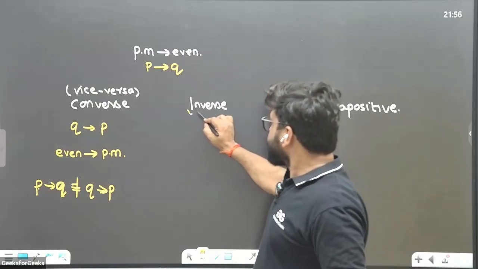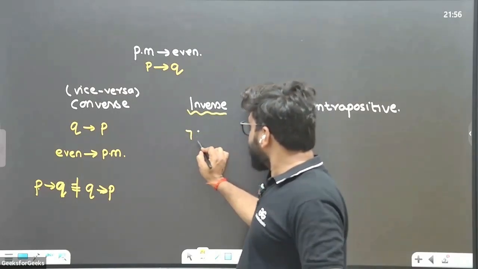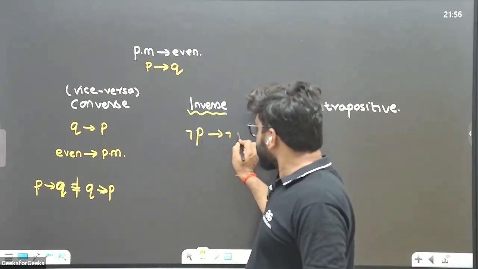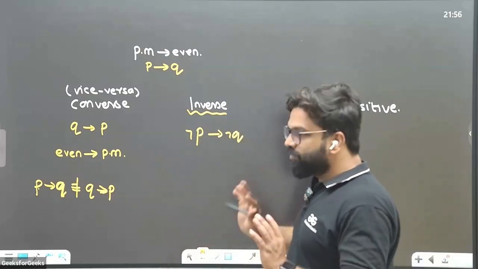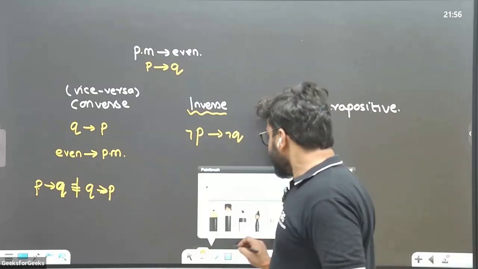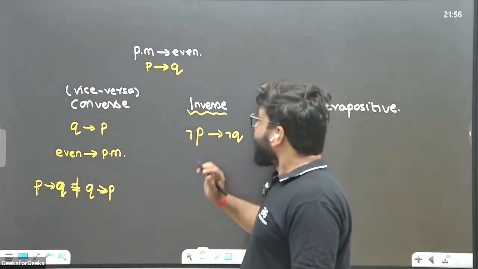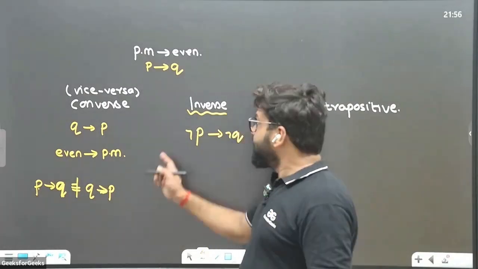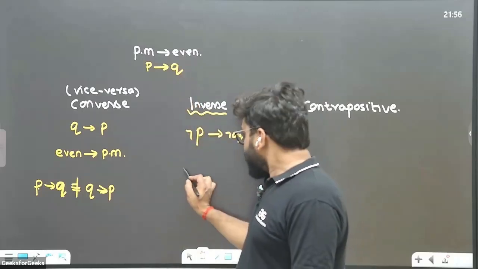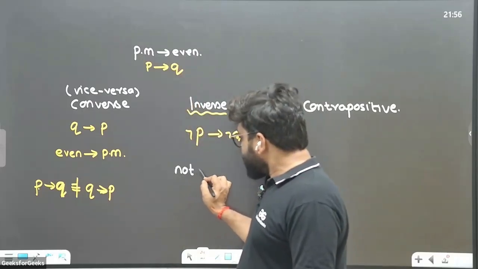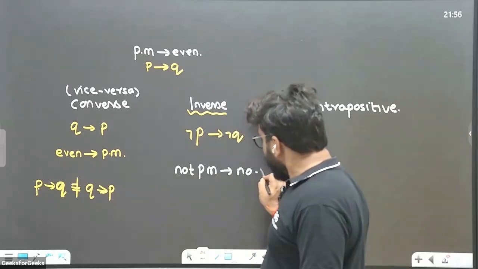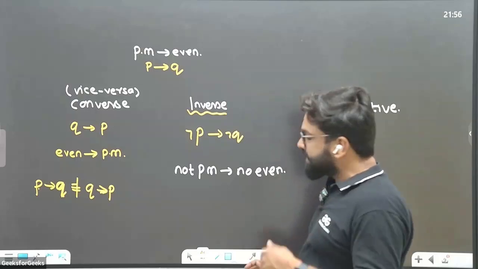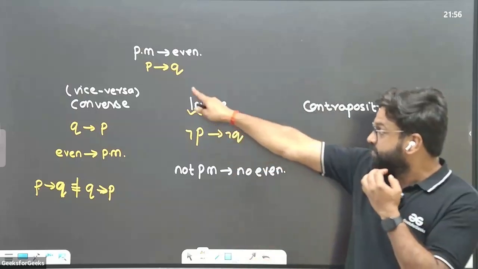If I talk about the inverse, the inverse says that negation of P implies negation of Q. So you take the negation of the first side, and it implies negation of Q. Now what is the negation of P? Negation of perfect matching.